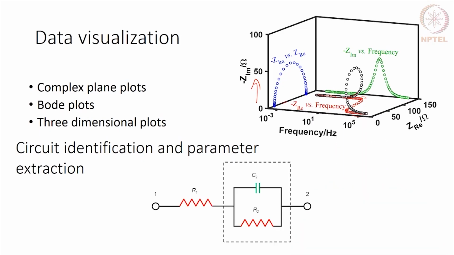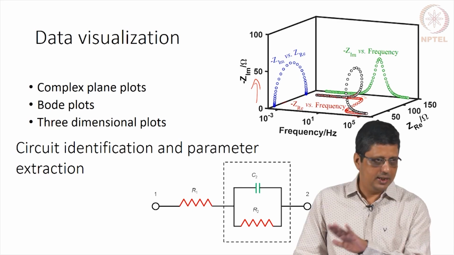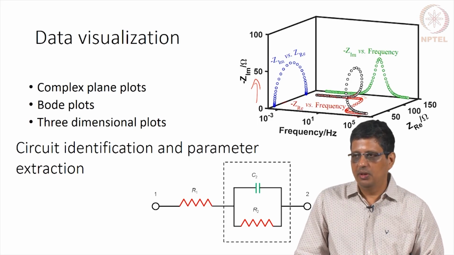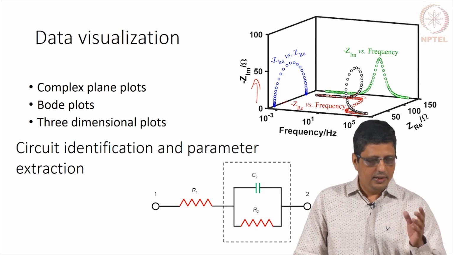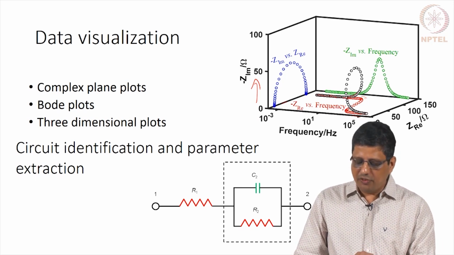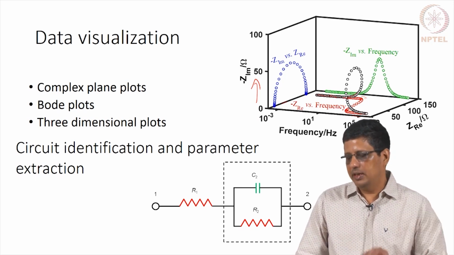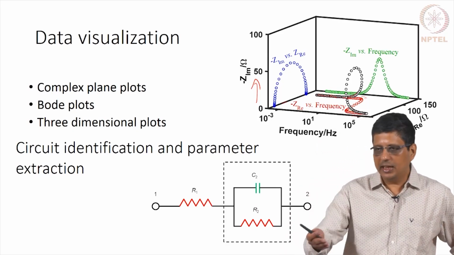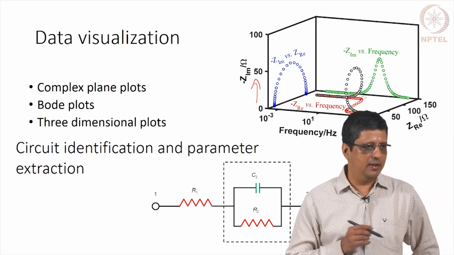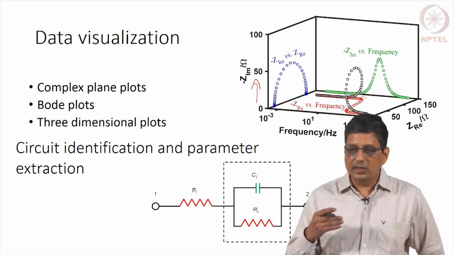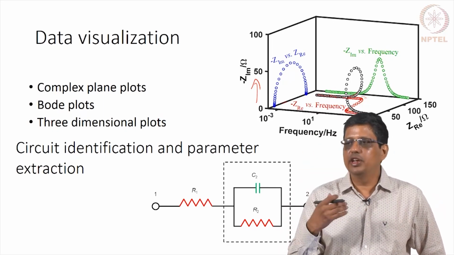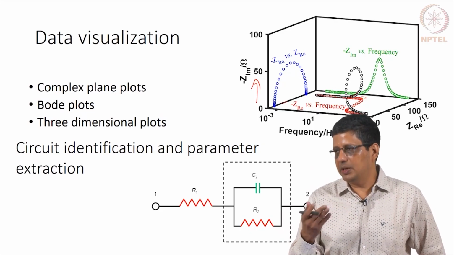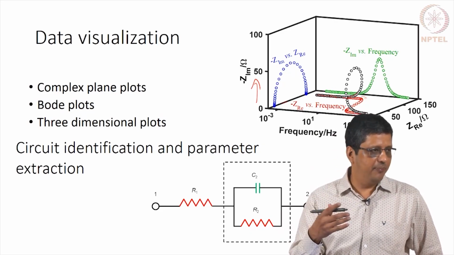Here we will say we will use this circuit. You can use other sets of circuit by the way to model this exact same data. But let us say somehow we know this is a good circuit for this. Next is, can I find the information of R1, R2 and C2 from this data? I have this data, I want to model with this and I want to get the value of R1, R2 and C2. What is the best fit for this data? It is like saying I have a set of data, I want to fit it to linear equation y equal to a plus bx and find the best values of a and b.